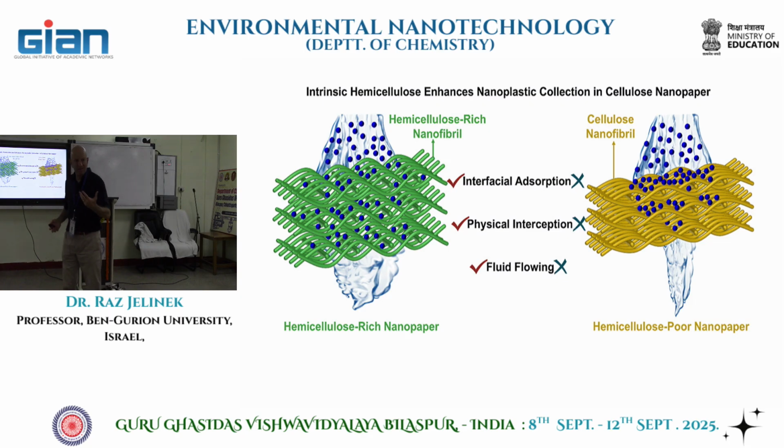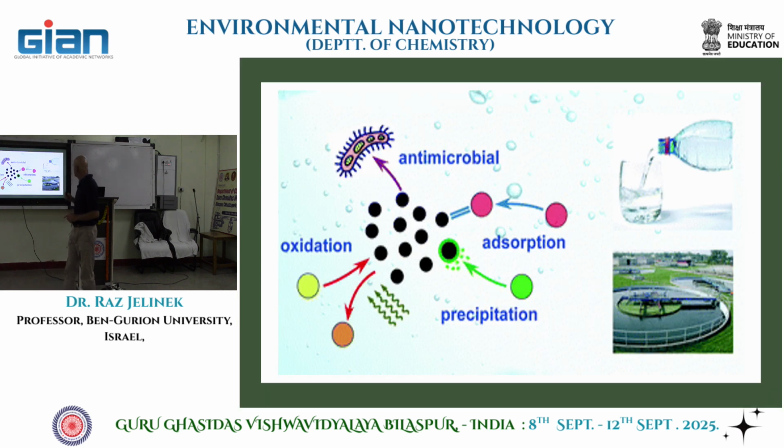And it makes a very good membrane that can capture pollutants or particles, anything that you don't want to have in your water. And when you pass polluted water through this hemicellulose nanofiber, you can clean the water. Very nice.